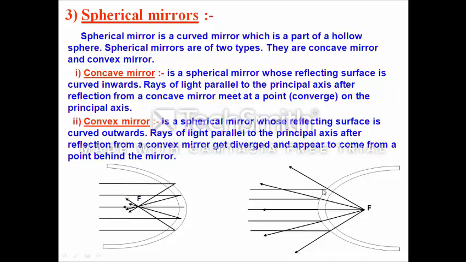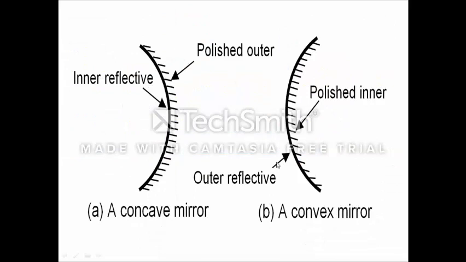When we extend these diverging rays forward, it seems that they are meeting at a point, and that is known as the focus. So in the spherical mirror we have talked about two types: the concave mirror, also known as the converging mirror, and the convex mirror, also known as the diverging mirror.